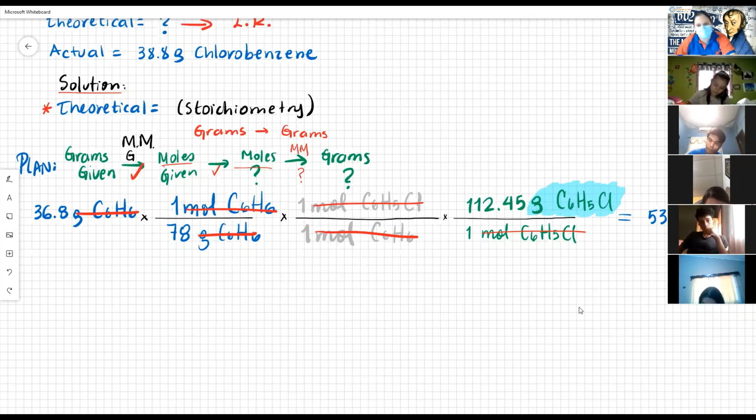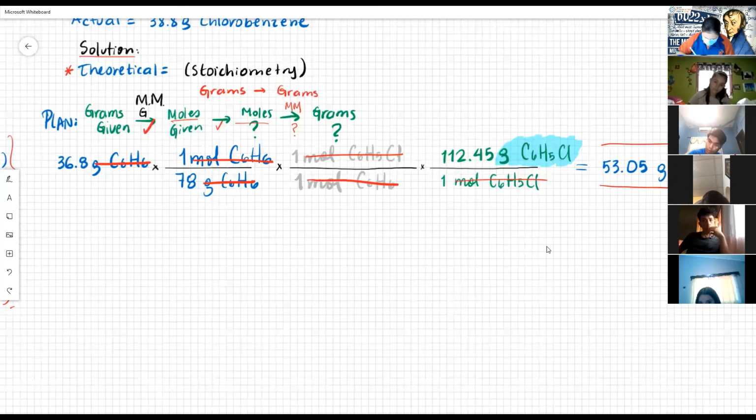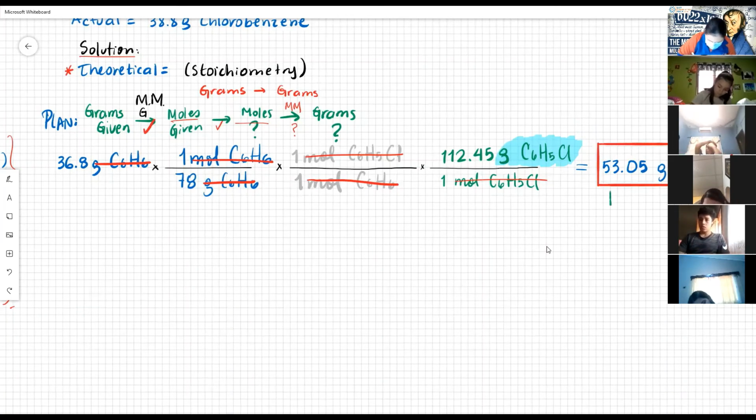Okay. So this answer that you get here is what we know as the theoretical yield. Remember this. It comes from the limiting reactant. It is what you get in theory by doing all the process.